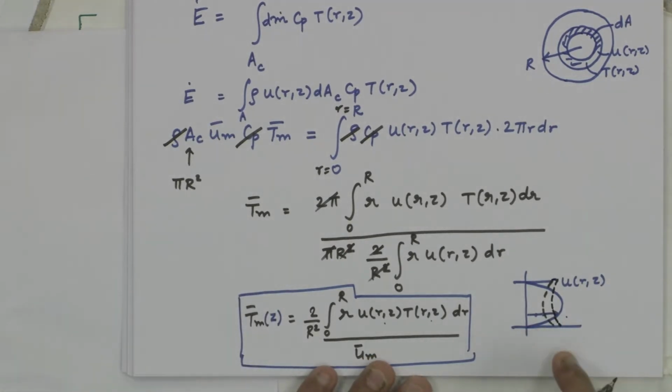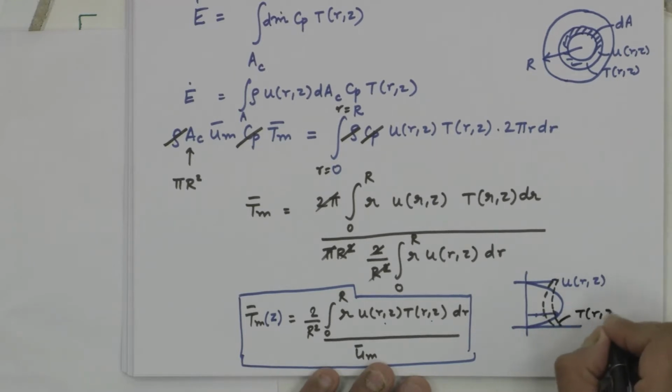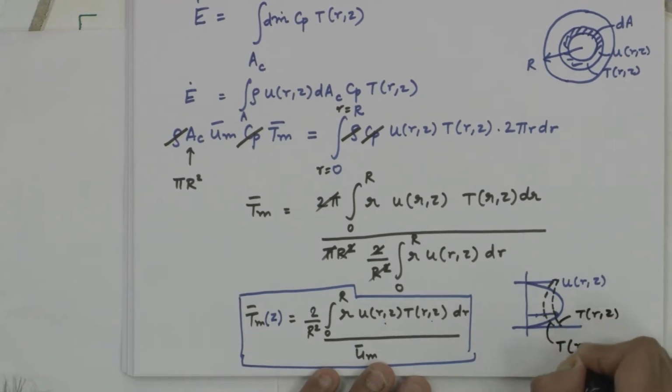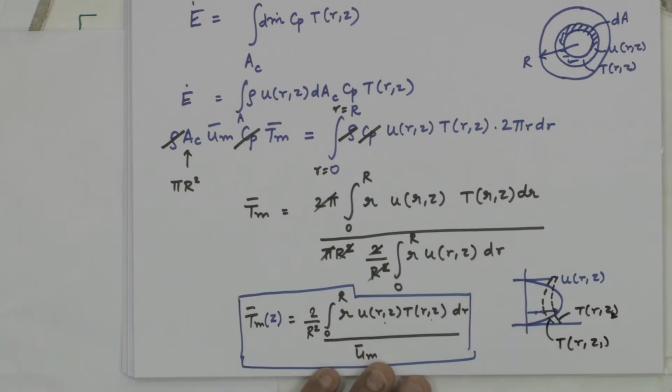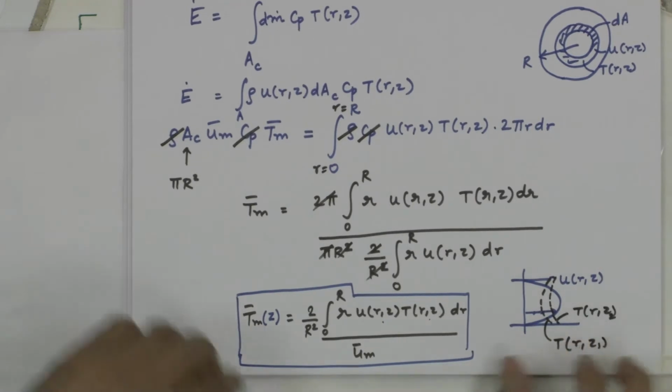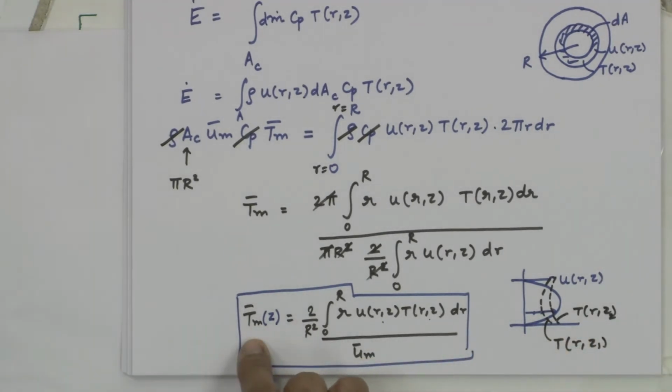So, I am going to have a bigger number for T. So, this is T of r comma z2, this is earlier T of r comma z1. So, the temperature profile curves are going to become bigger and bigger as I move in the flow direction. So, bulk mean temperature or mixing cup temperature is also going to become higher and higher along the flow direction.